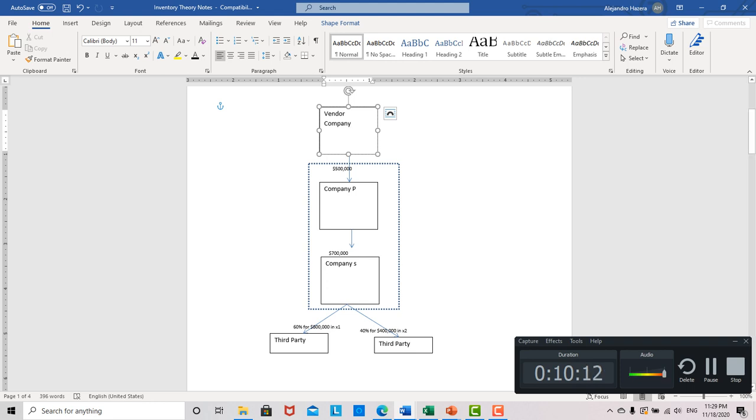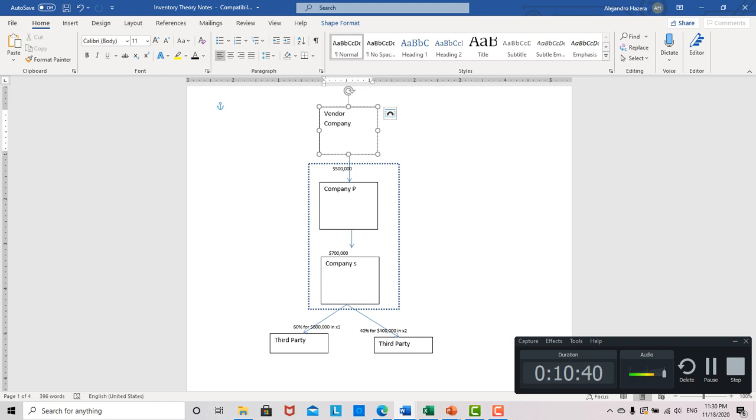Now, in this next transaction, P sells $700,000 of inventory to S, all in X1. It sells inventory to company S, which belongs to P, and that is not a valid transaction. That is the intercompany transaction, and you can't sell inventory to yourself. We're going to have to take away the effects of that transaction, which will show up on their separate books.